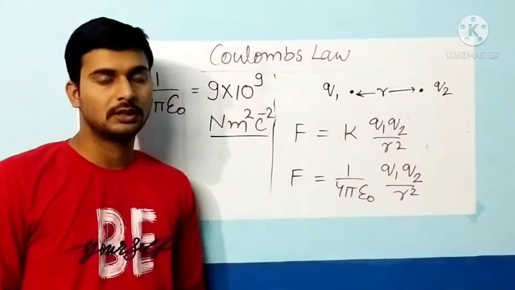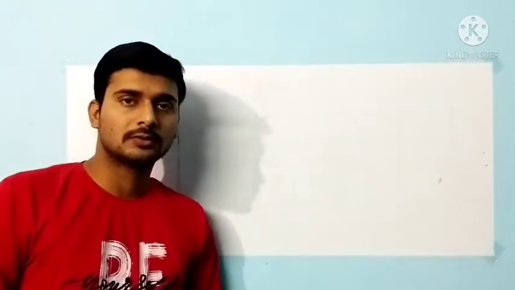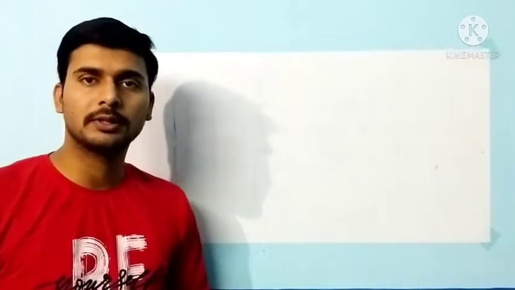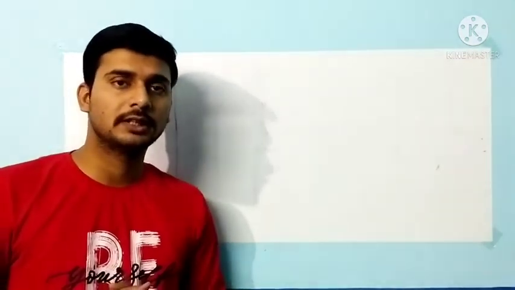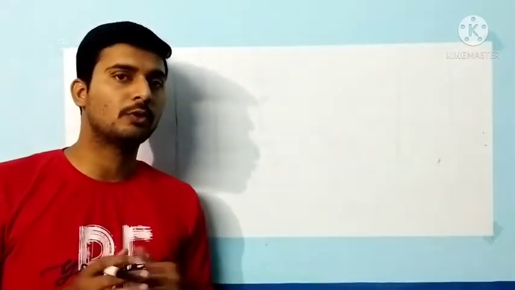Okay, so let's move towards our next topic. Now we will calculate: if two point charges of 1 coulomb are kept at a distance of 1 meter in free space, then what will be the Coulombian force between those two point charges?